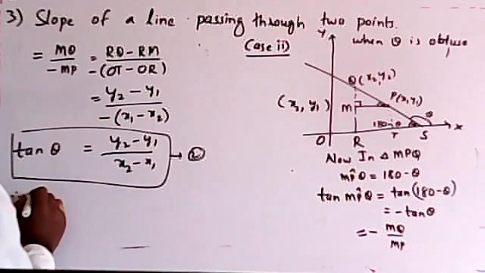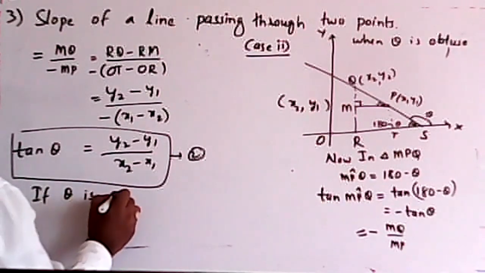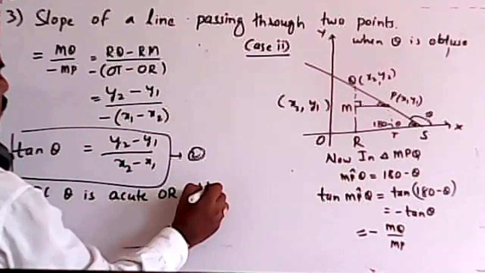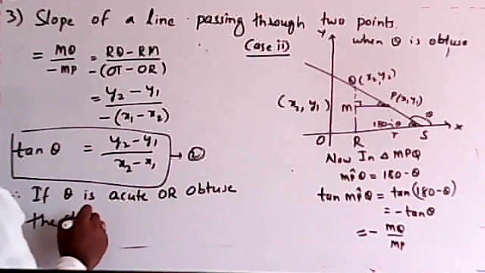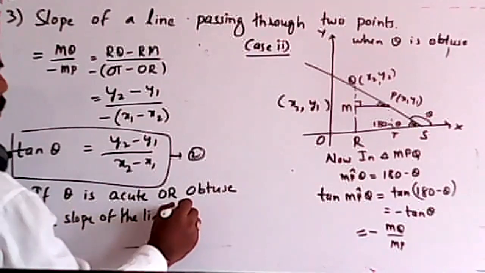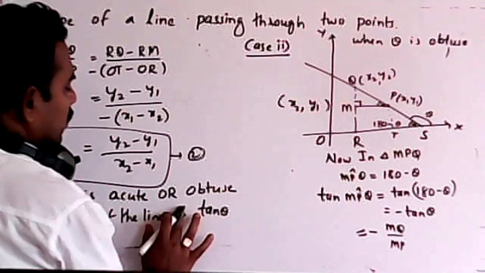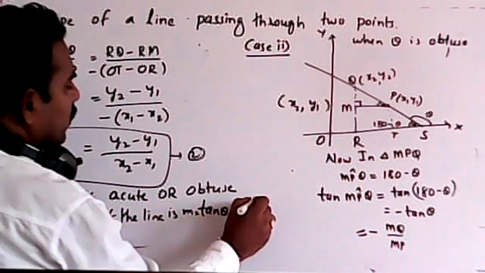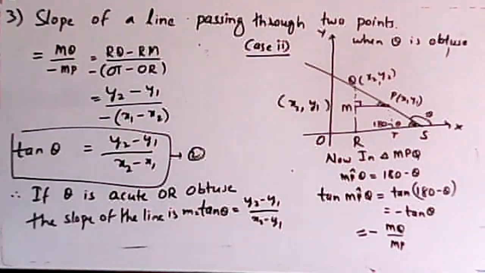So therefore, whether theta is acute or obtuse, the slope of the line is the same. Tan theta, m, is equal to y2 minus y1 divided by x2 minus x1.